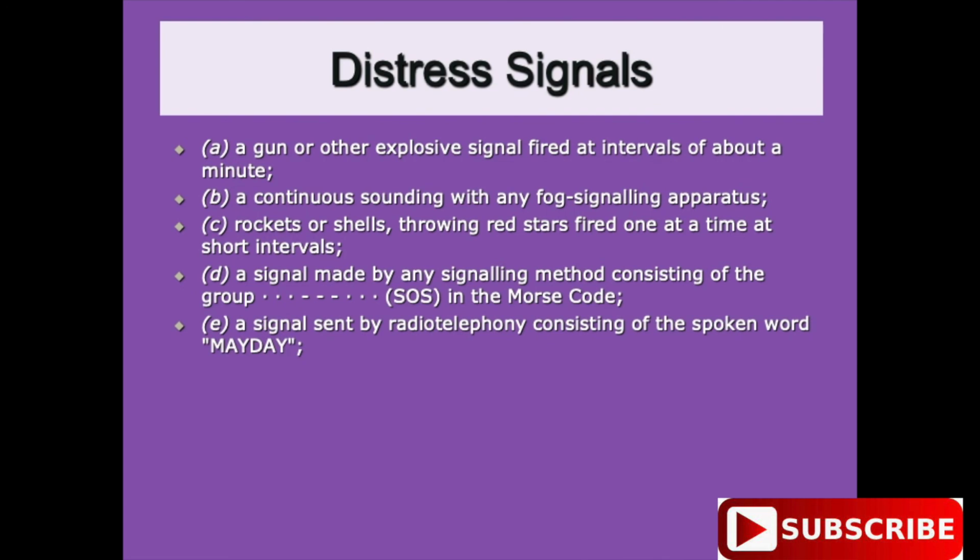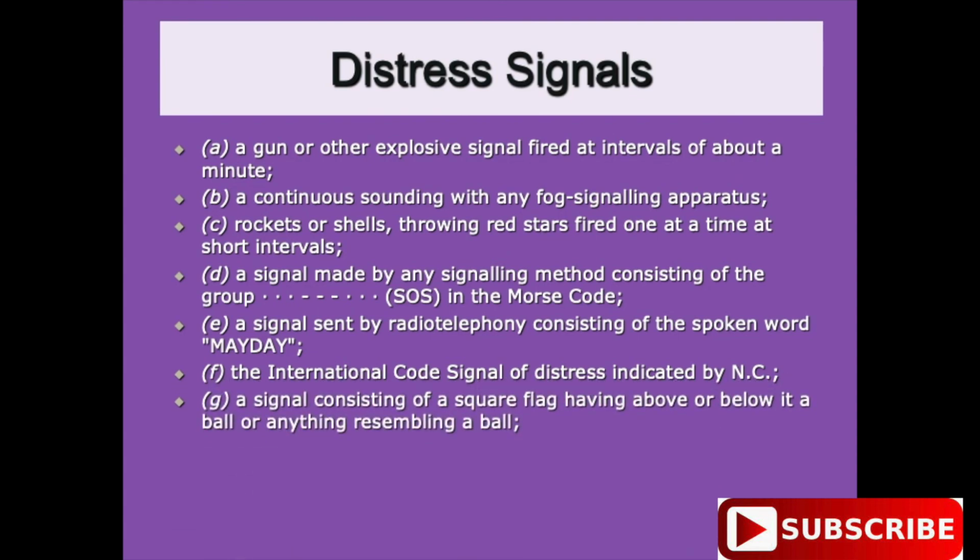A signal sent by radiotelephony consisting of the spoken word Mayday. The international code signal of distress indicated by NC. A signal consisting of a square flag having above or below it a ball or anything resembling a ball.